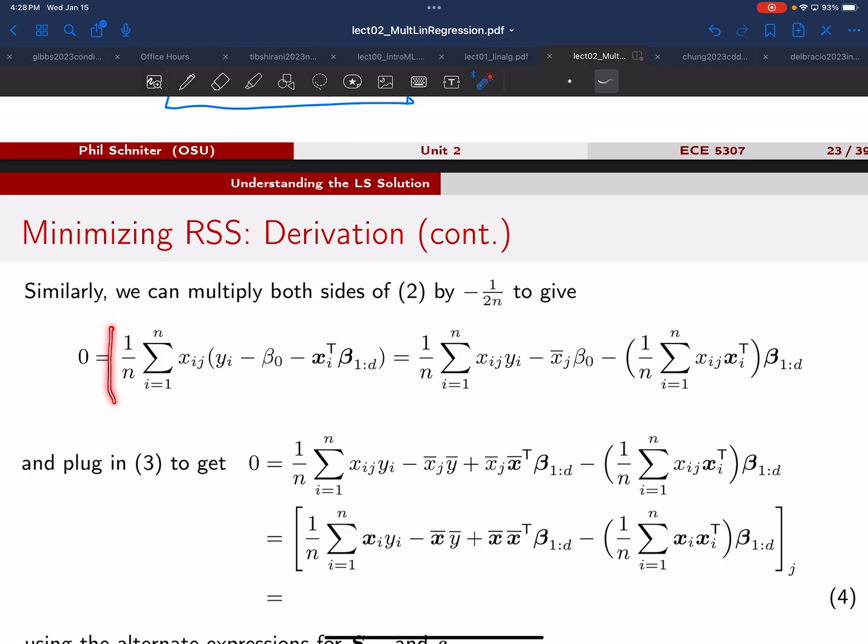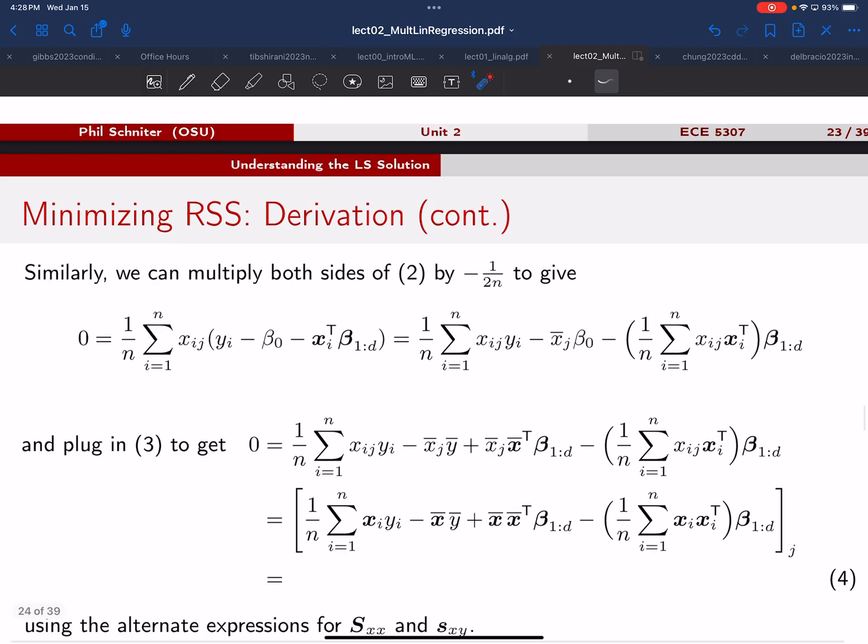Finally we have this last term, which involves the average of this product of xij and xi transpose. The first is a scalar, the second is a row vector. Over here we have our coefficients. This is an equation that we would like to solve. For every j, we have a new equation because of this j dependence.